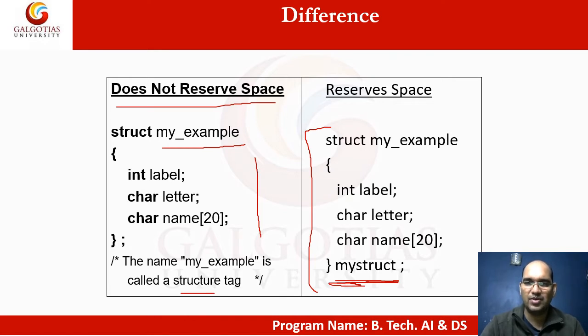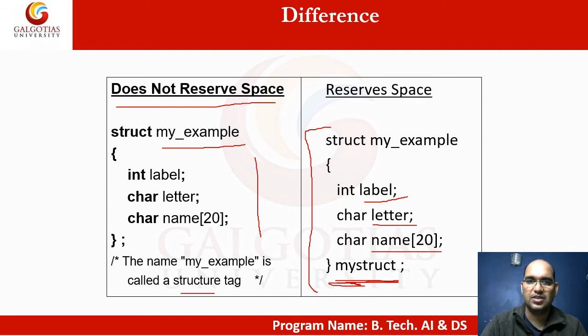So how much memory will be reserved for my struct in the main memory? 20 bytes will be taken by name 20, one by the letter, and if the compiler is using 4 bytes for an integer, it will be a total of 25 bytes. So 25 bytes will be reserved for the structure variable my struct, and my struct will be pointing to the first element of that 25 byte storage.